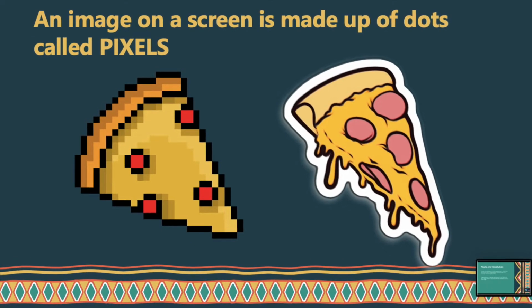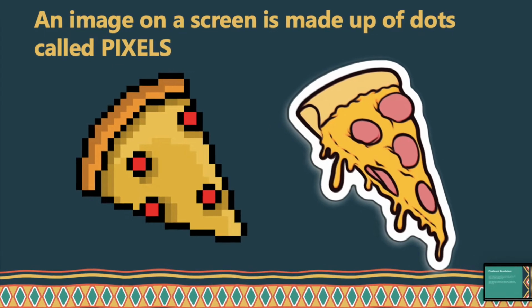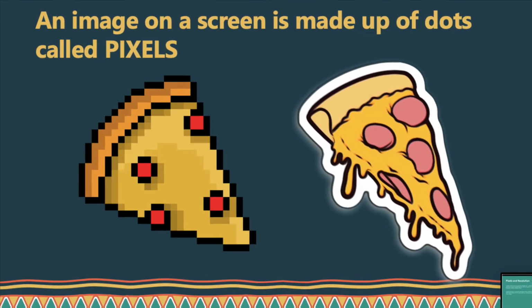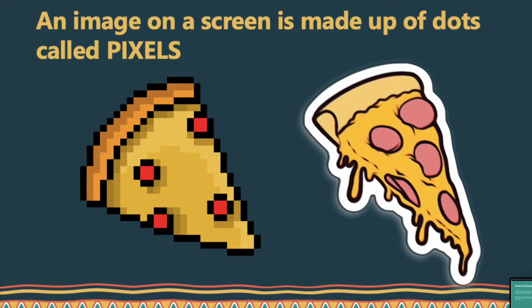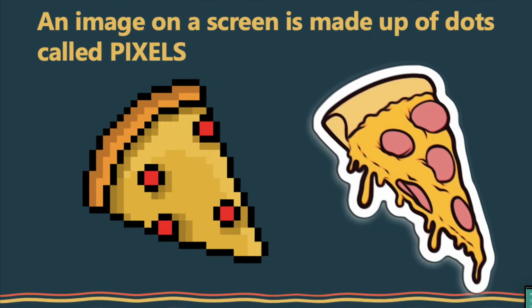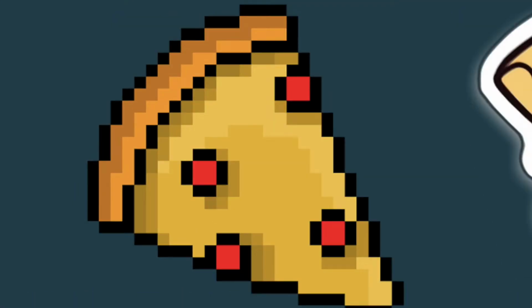We have two examples here with the pizza. Which do you think has the higher or lower resolution? Is it the pizza on the left, or is it the pizza on the right? The pizza on the left actually has a lower resolution because, as you can see, the pixels or the edges or the boxes are very, very visible.